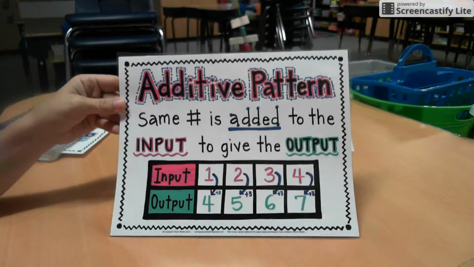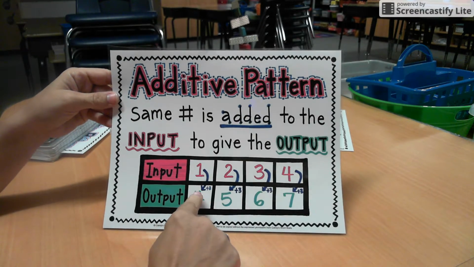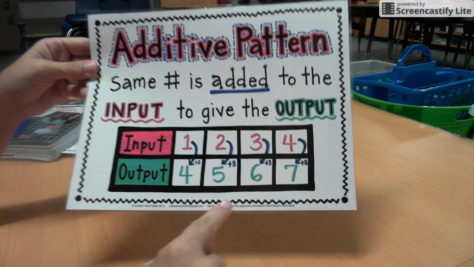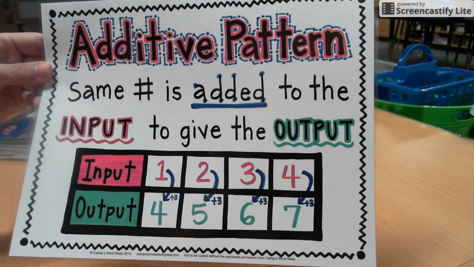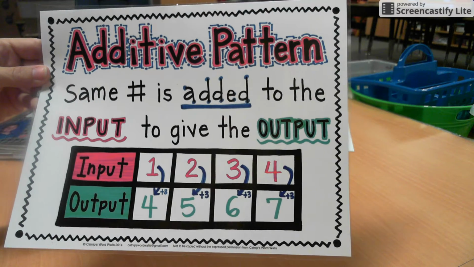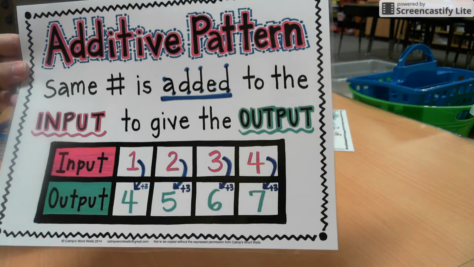We've been looking at input-output tables, and sometimes you can have a pattern where you're adding. So my rule here is add 3. So each one has add 3. So the same number is added to the input to give the output. That's a pattern. Add 3, add 3, add 3, add 3.